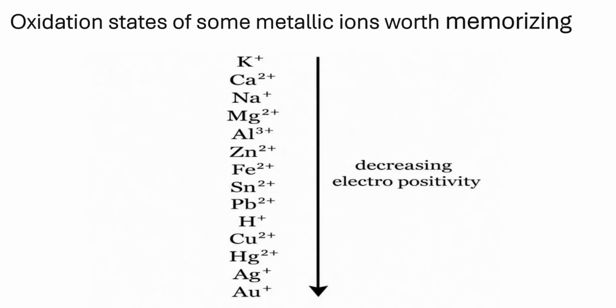Alright, it is a good idea to learn the activity series of cations and anions. Why is it important? It is important because you will need it to memorize their charges. You will also need it in electrolysis questions. You will also need it to know metals that can react with acids to liberate hydrogen gas and a corresponding salt.